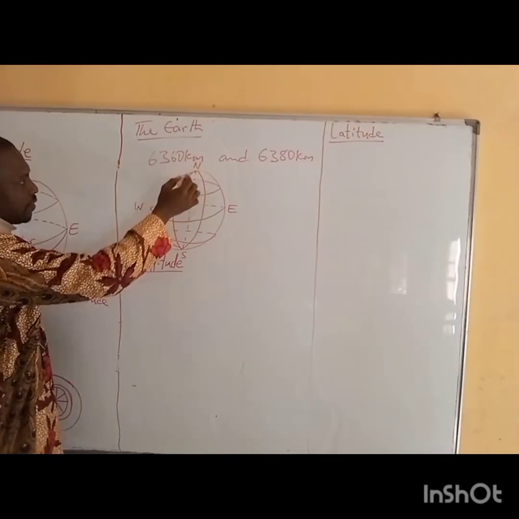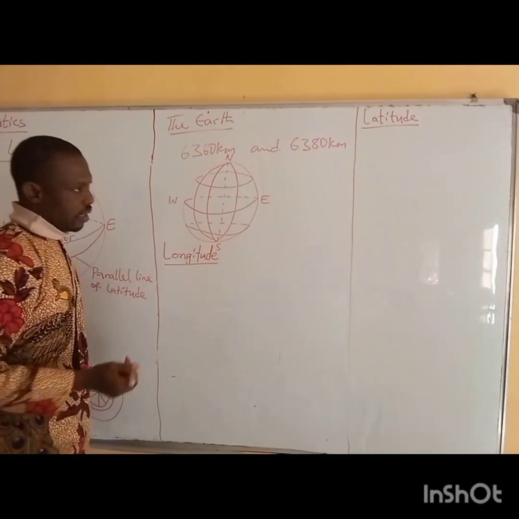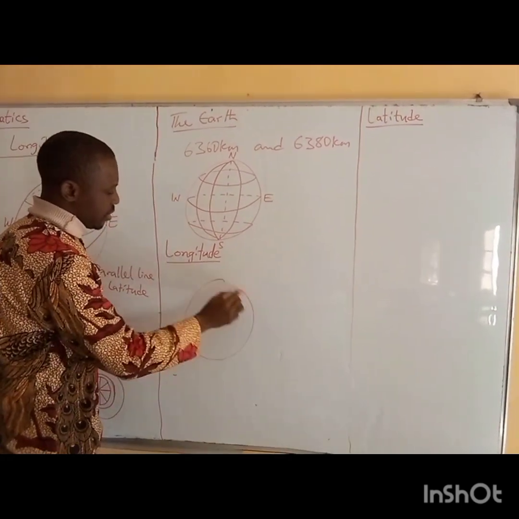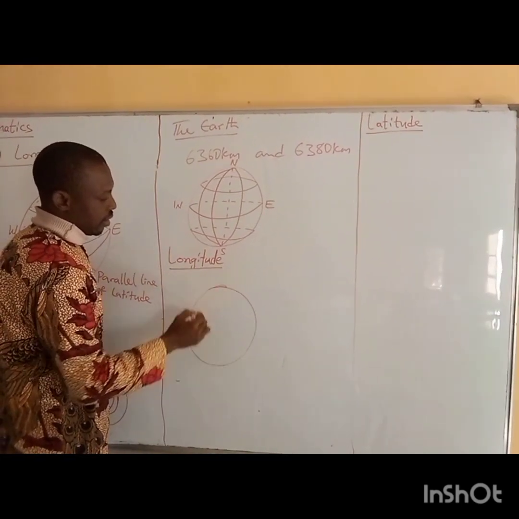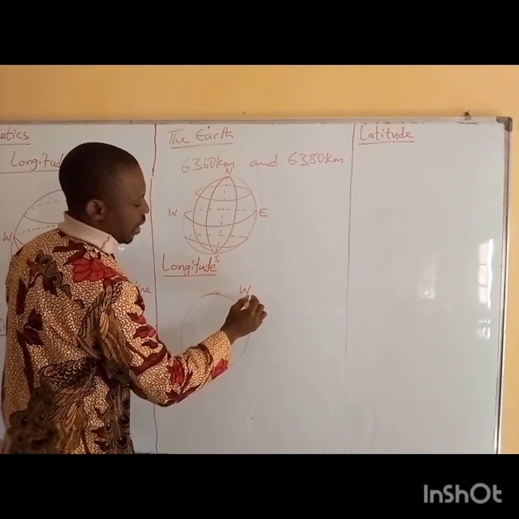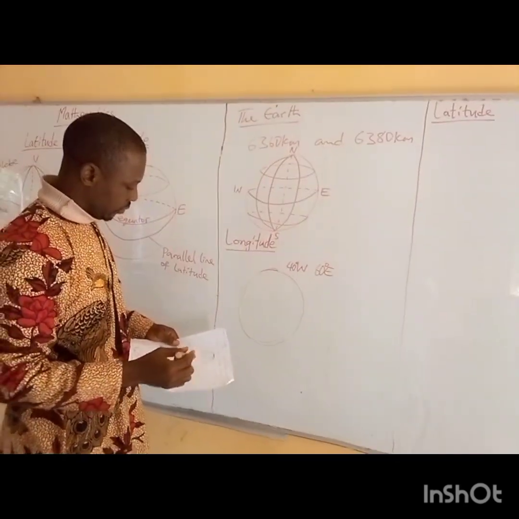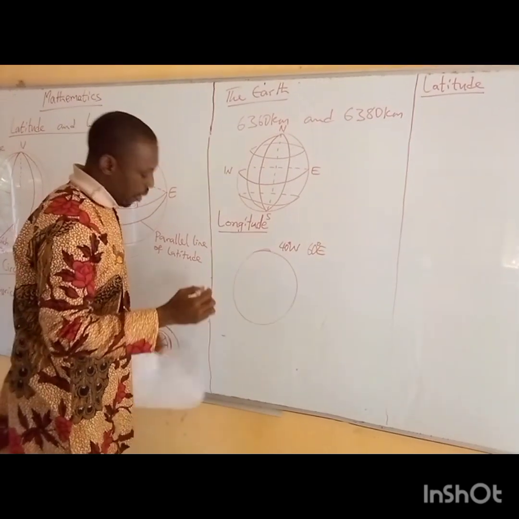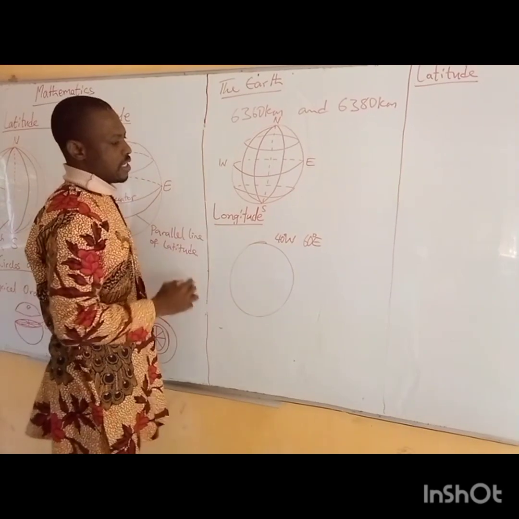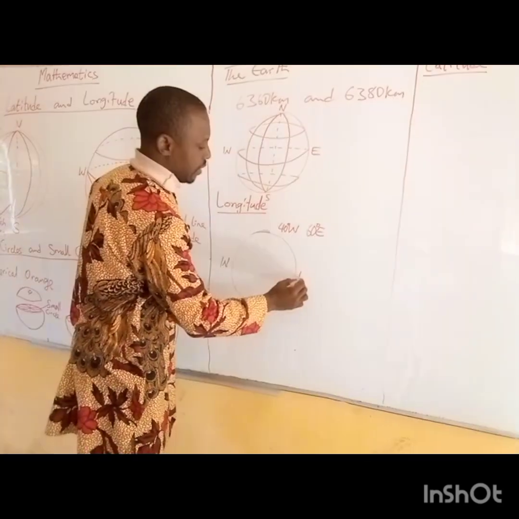So the line that crosses from the north to the south is the line of longitude, and the longitude is named with the west side and the east.